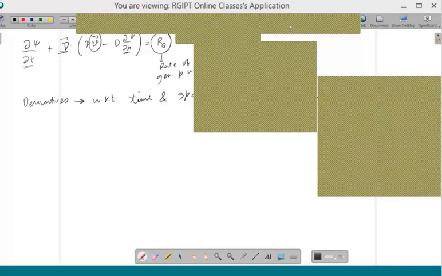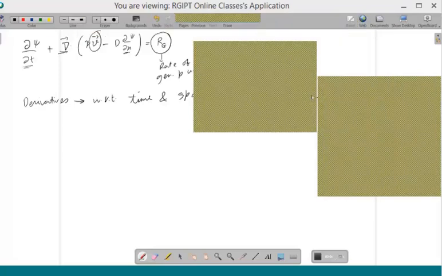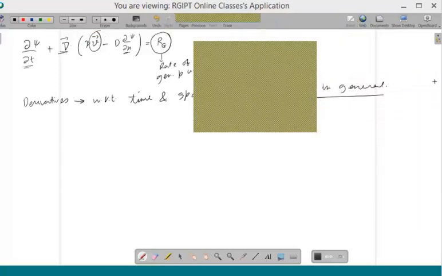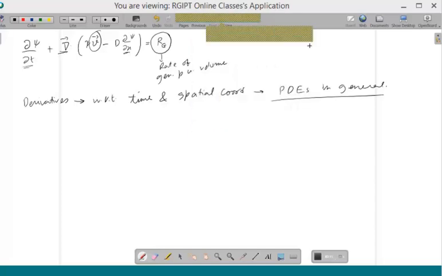RK method is not used for PDEs; RK is for ODEs. For PDEs, we have different methods, which we'll talk about in general in the later part of the course. But before that, we'll look at certain simplified forms of this equation, which are also useful.